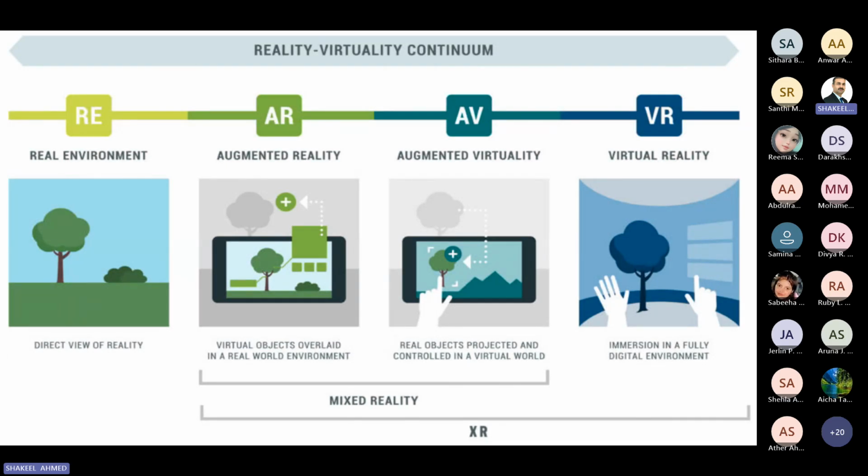If we go further, we reach augmented virtuality, where the environment is mostly digital but includes real-world elements projected inside it. Finally, we reach virtual reality, which is a fully digital environment with no connection to the real-world space around you. Together, these points form a spectrum that we call mixed reality or XR.